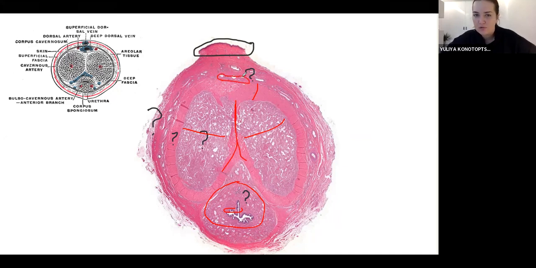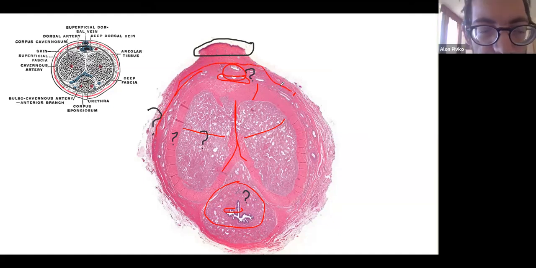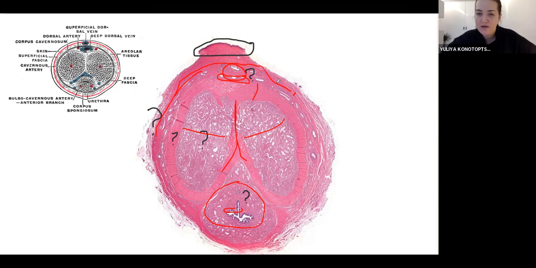what will they be called? And this vessel as well. The deep artery and vein. Yes, deep dorsal artery and veins. All of them here, they're just branches of the structure. How do you call the connective tissue on the top of the deep dorsal vessels? You call it deep fascia, deep penile fascia, or another name?